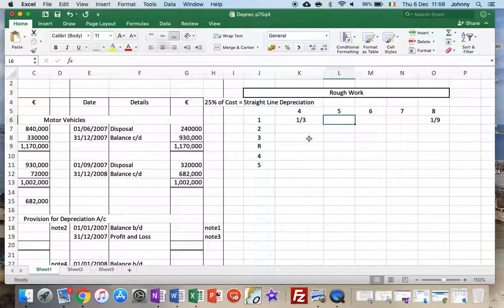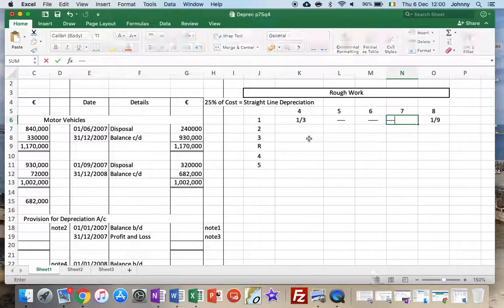I got rid of that on the 1st of 9, 2008, 1st of the 9th. So I would have had it for all of 05, all of 06, and I would have had it for all of 07.